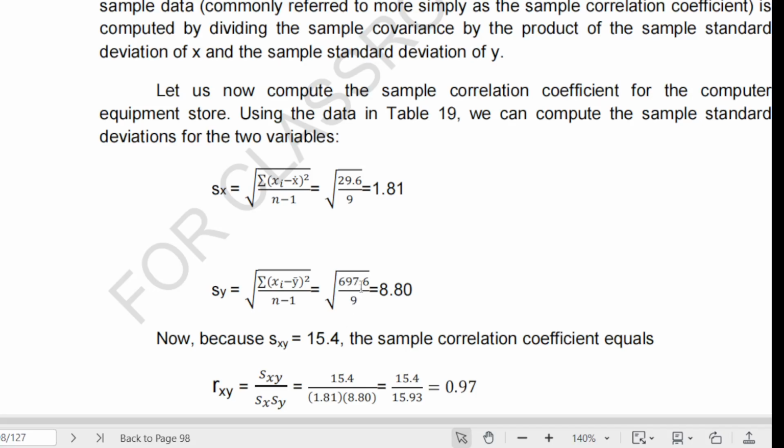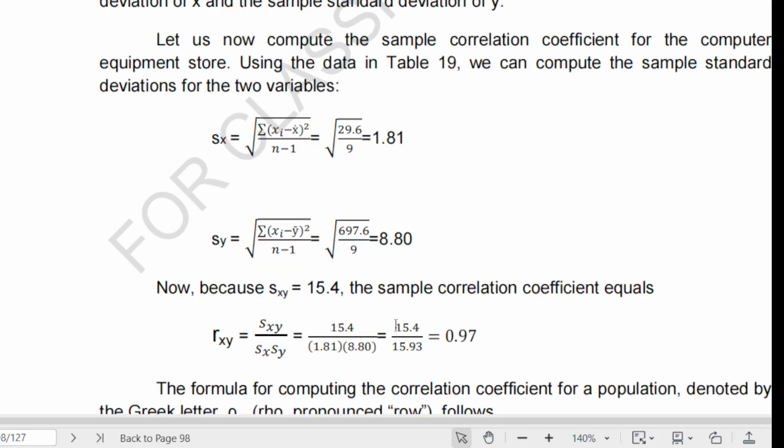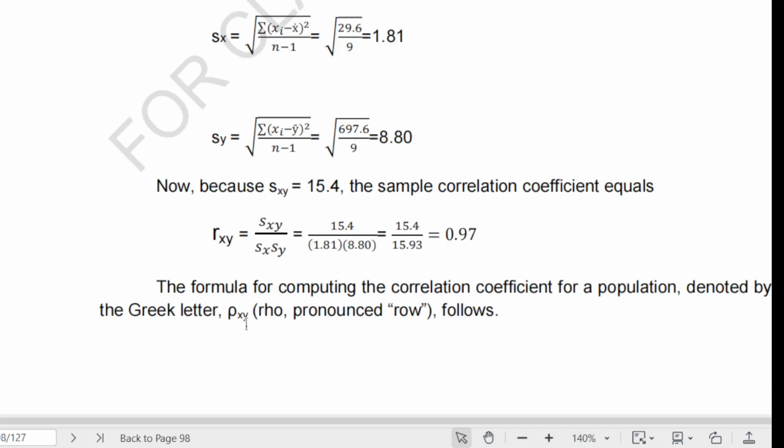So 697.6 divided by 9 equals 8.8. And then this is now how we compute our rxy. We multiply 1.81 times 8.8. So 15.4 divided by 15.93. Our answer is 0.97.